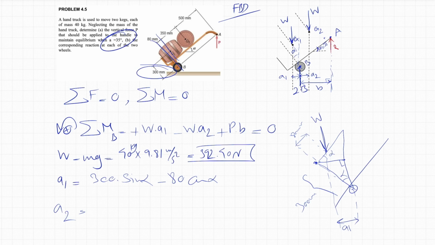Let's move on to A2. For A2, we have another force. If we continue this, we have W2 applying in here, and let's call this A2. For A2, what we are also interested in, we know from here to here is 350 millimeter.